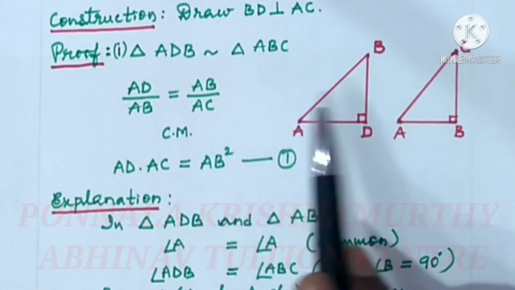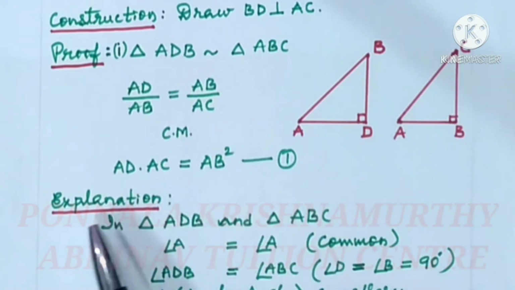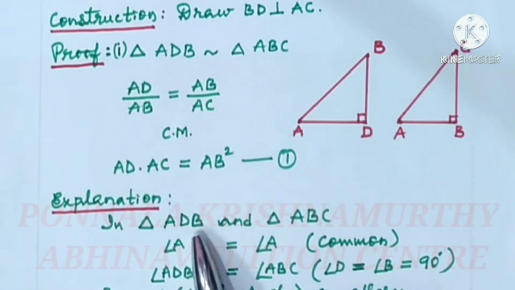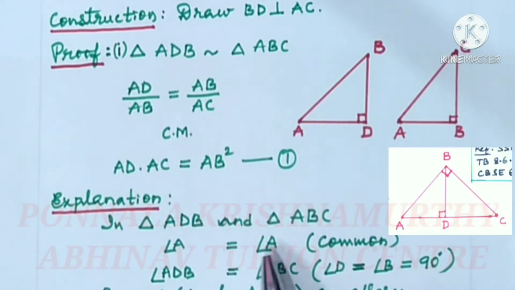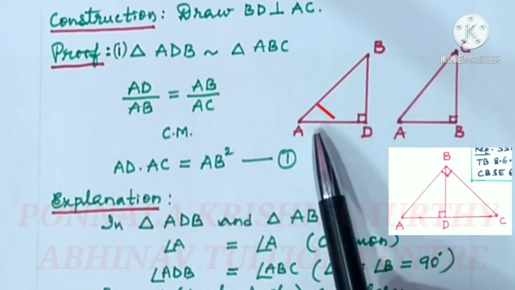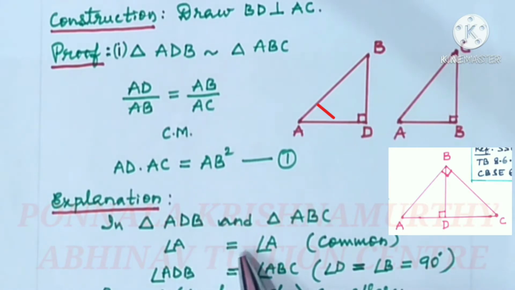If you are unable to understand this, please see this explanation. In triangle ADB and triangle ABC, angle A equals angle A. In triangle ADB, this is angle A, and this is equal to angle A in triangle ABC.